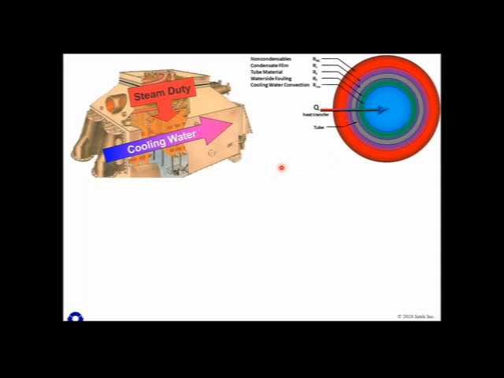A steam molecule traveling toward the OD of the tube wall first encounters RNC, or the non-condensable thermal impedance. For the tubes around the periphery of the bundle, the thermal impedance of this layer is nothing. There's no concentration of air out there, but in the air cooler section, this dominates heat transfer. You can have zero heat transfer, no steam penetrating down to the tube because of the air concentration. Those are the two extremes of the R value of this layer.